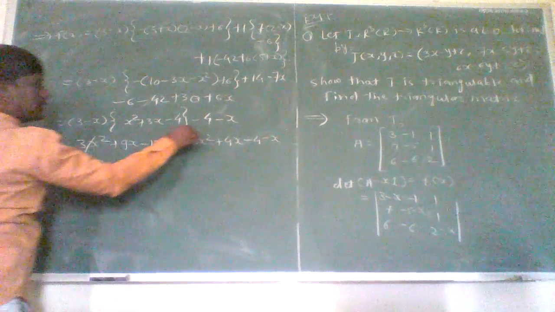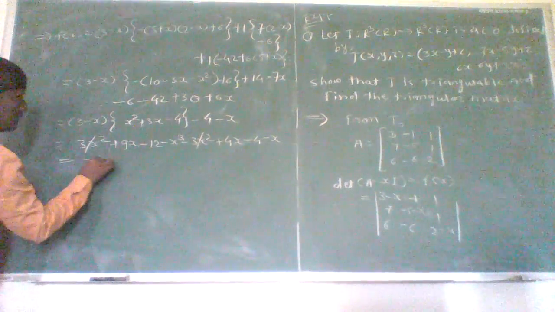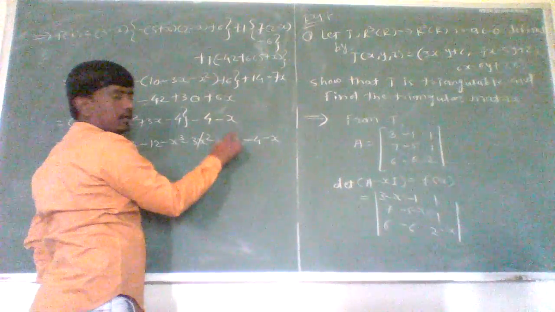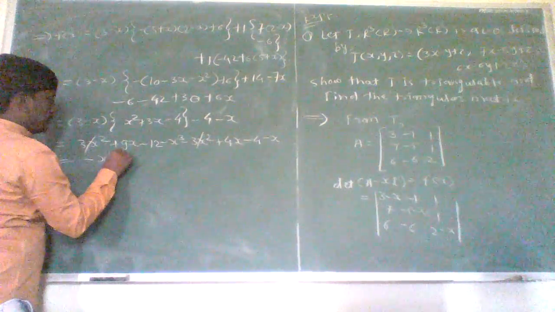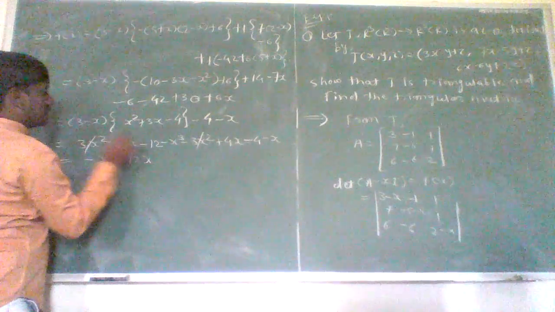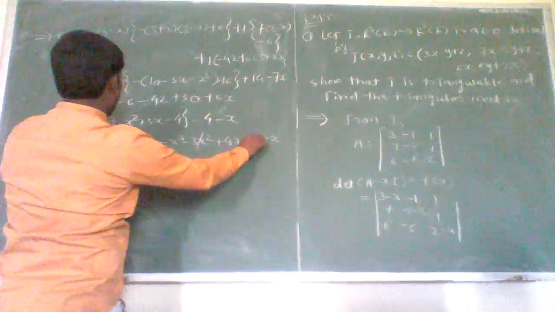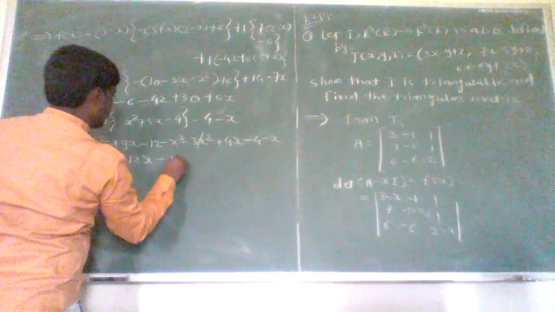Which is equal to 3x square cancels, minus x cubed, 9x plus 4x, 13x minus x, 12x minus 16.